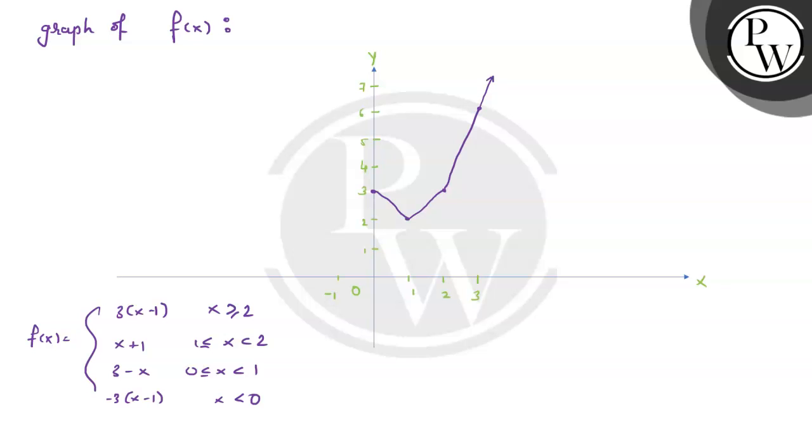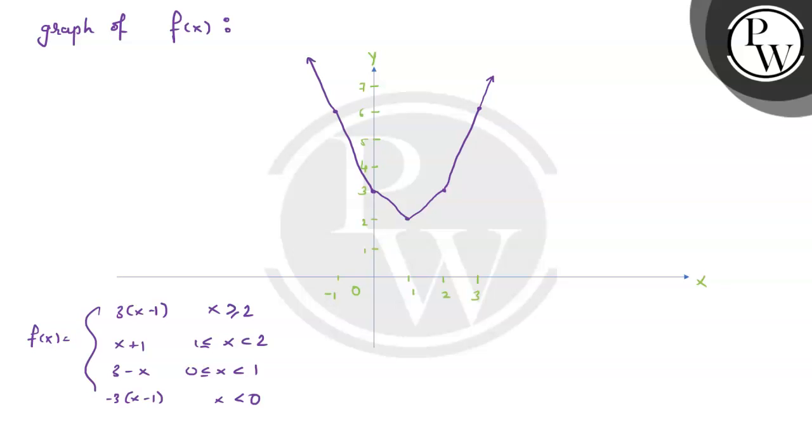Next, on the negative side, for x less than 0, the function is minus 3 times x minus 1. So let's compute the functional value at x equals minus 1. There we have 6 again. So the point is somewhere around here. Let's join these 2 points to get the graph, and this graph continues towards the negative side.